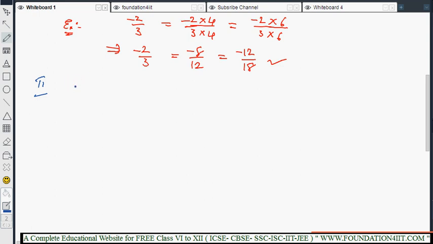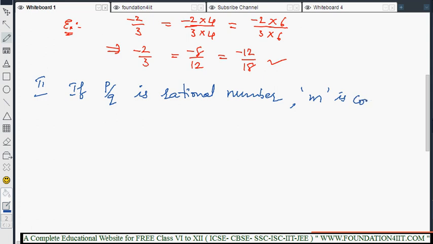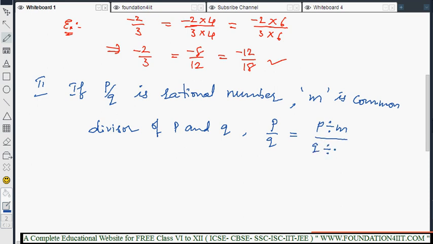If p by q is a rational number and m is a common divisor of p and q, then we can write p by q is equal to p divided by m by q divided by m.